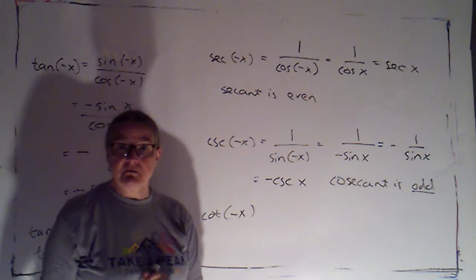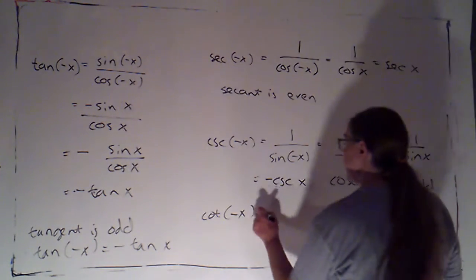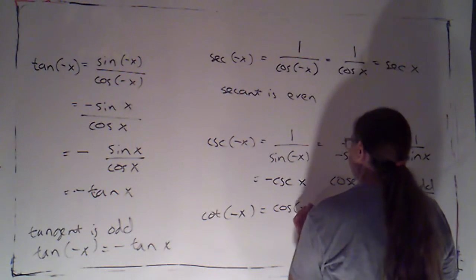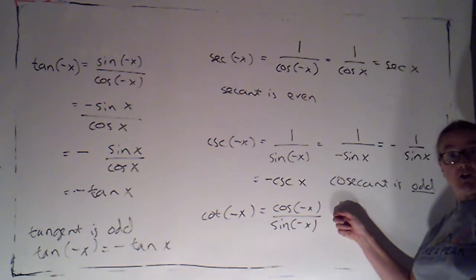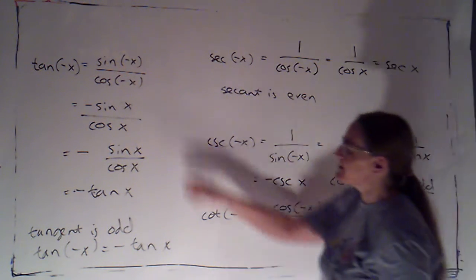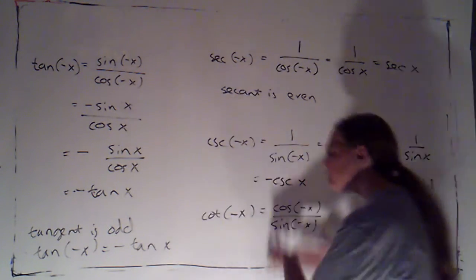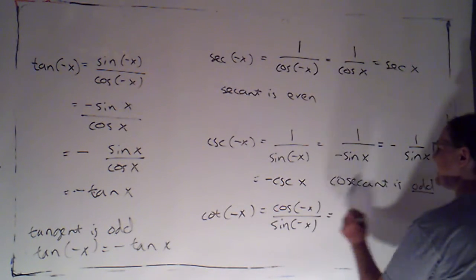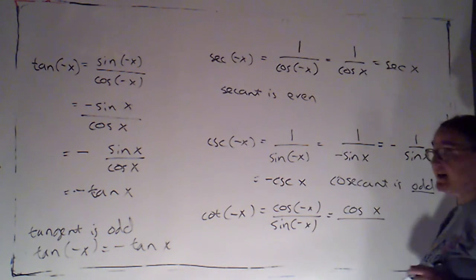This is just 2 examples of that more general fact. Now for cotangent, I'm going to use the quotient identity. I'm going to say that's cosine of the opposite of x over sine of the opposite of x. If I wanted to, I could have used the reciprocal identity. I could have said that's the reciprocal of tangent, because I've now figured out that tangent is odd. I'm going to use this quotient identity instead. Cosine is even, so cosine of the opposite of x is cosine of x.